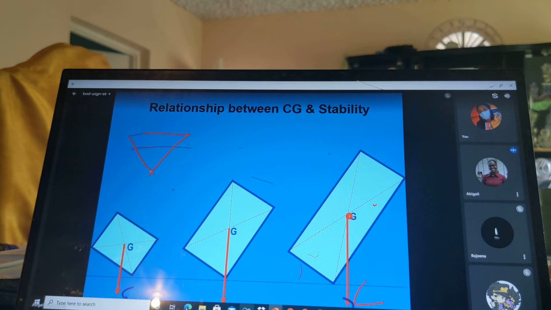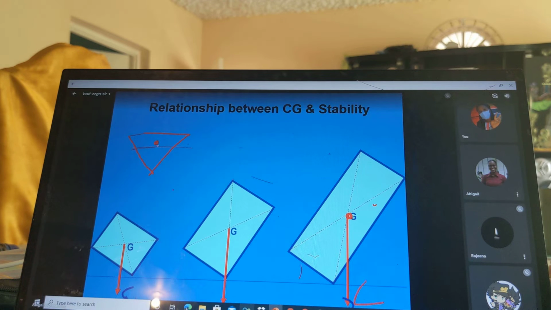So remember, the center of gravity tends to be closer towards the larger part. So when you displace this person slightly, let us pretend that this triangle is somebody, you realize that the line of action of the center of gravity will always fall outside of this base here.